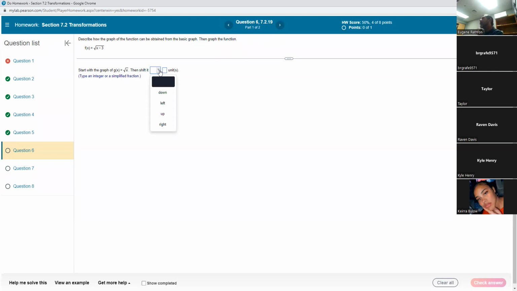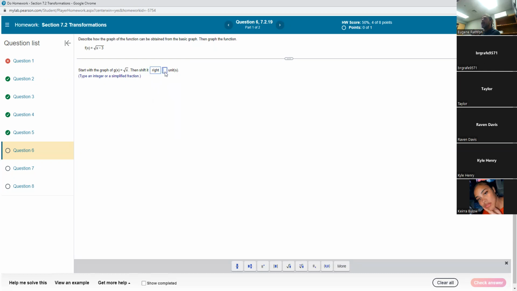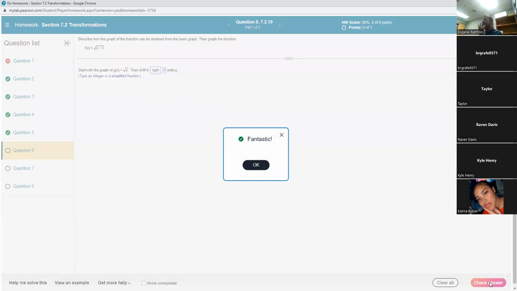So is that -3 going to take me up, down, left, or right? So it is definitely going to go right. So we would click right. And then y'all, we would put in our 3. So both y'all got that and good job. And then check our answer.